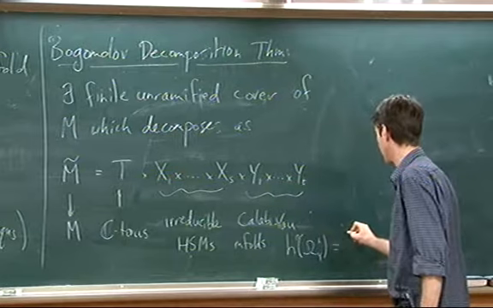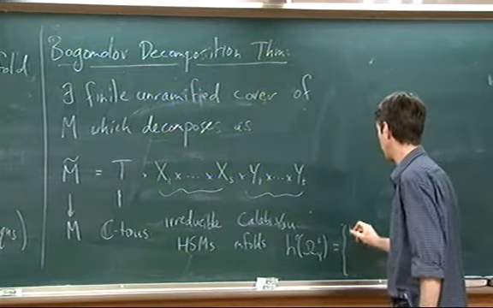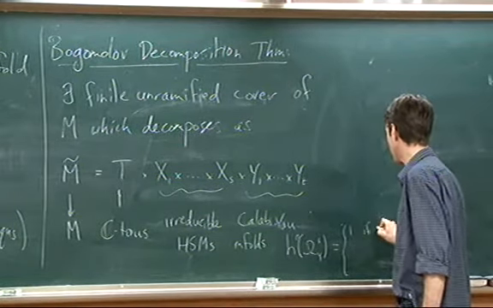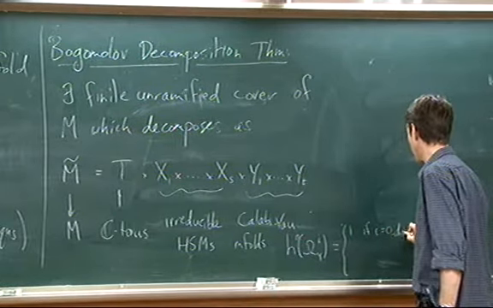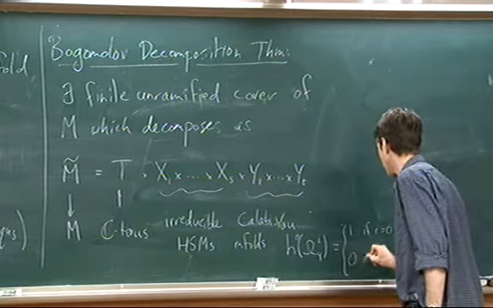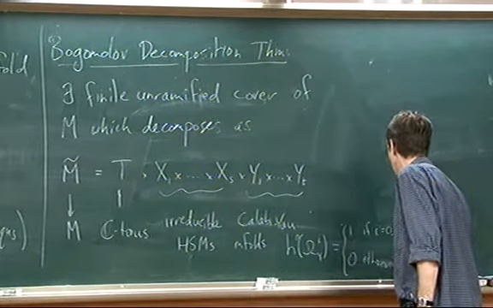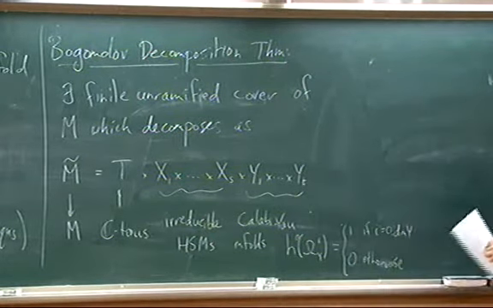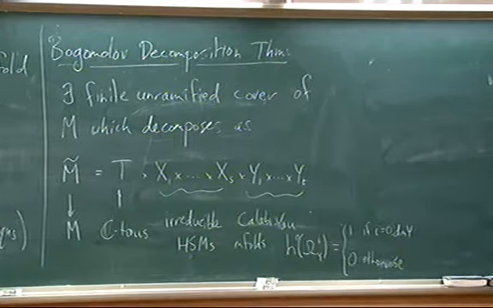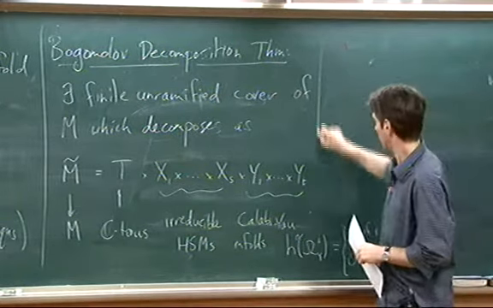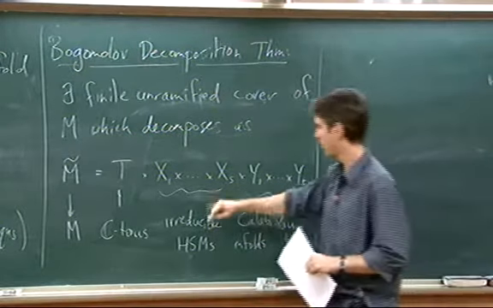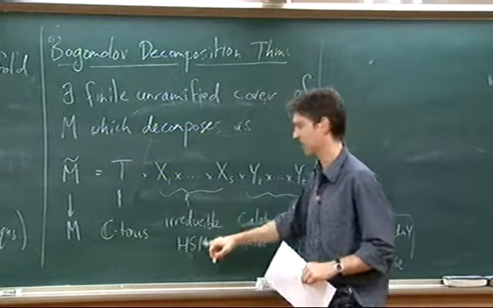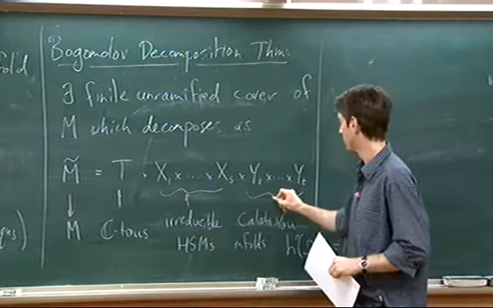The dimension will be 1 if i is 0 or the dimension of Y, and 0 otherwise. Yeah, this is the main topic I'm about to define: holomorphic symplectic manifolds.